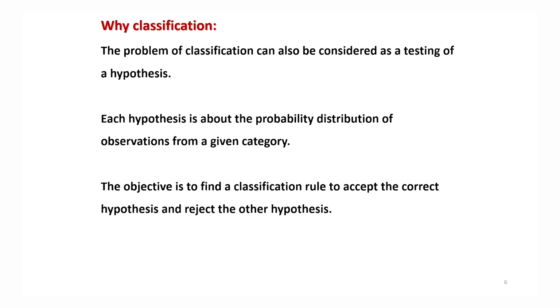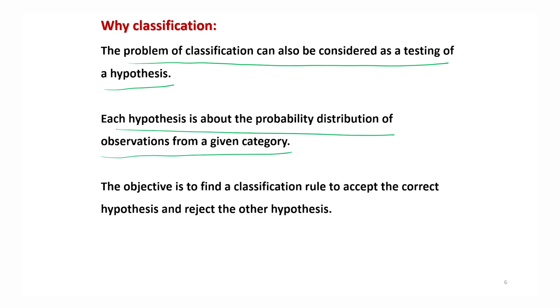Right. So now, if you consider this problem of classification in a different way, then the problem of classification can also be considered in the framework of testing of hypothesis. I mean, each hypothesis is about the probability distribution of the observation from a category.